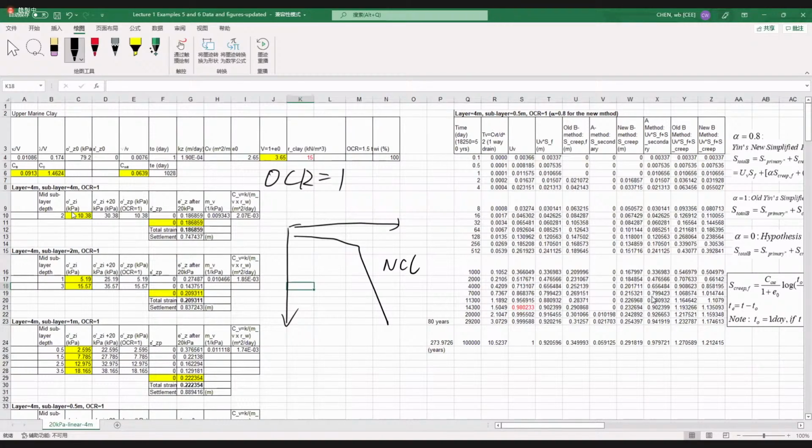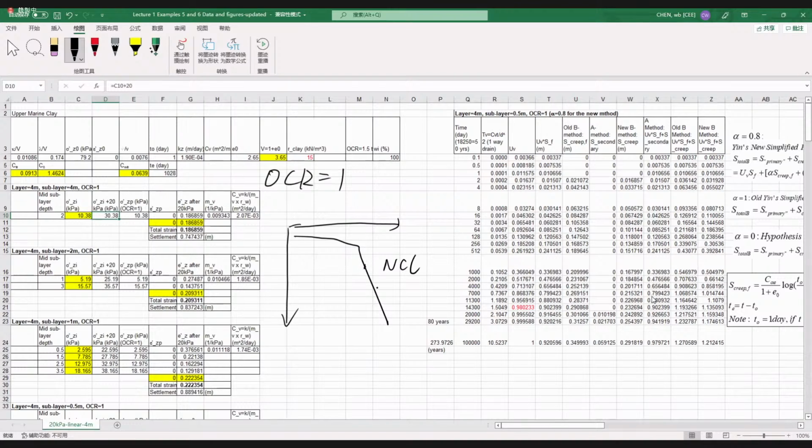So you can see that here, the initial vertical stress is equal to 10.38. We just use this initial one, and the final one is 30.38 because the change of the effective stress is 20 kPa.